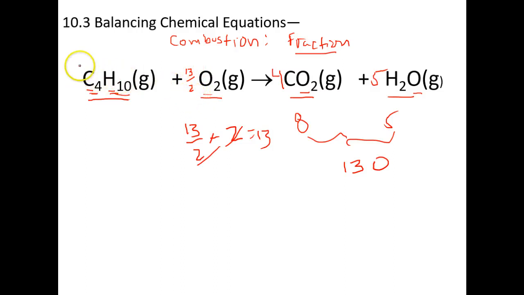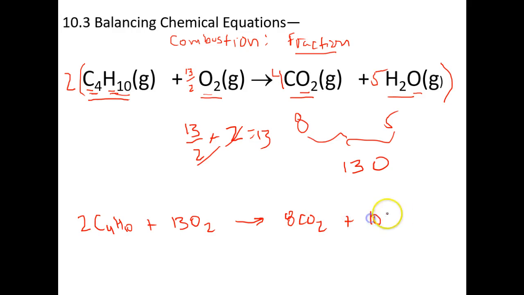So in algebra, what you learn is if you want to get rid of a fraction, you multiply everything by this number. So you're going to multiply everything by the number 2. So your balanced equation is going to be 2C4H10 plus 13 oxygens gives you 8 CO2s plus 10 waters.